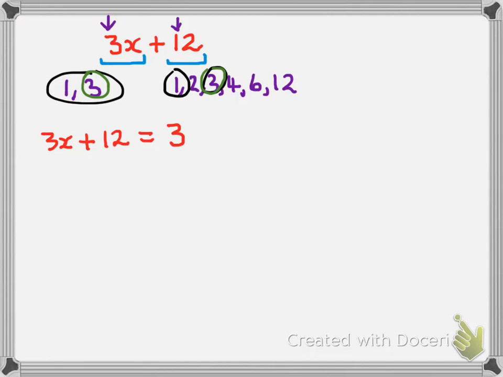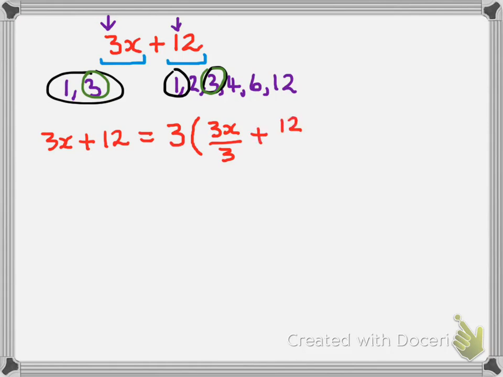Now, what we then do is write the 3 and open a bracket. And then inside the bracket, we divide each term by the greatest common factor that we just found, which is 3. So we will divide 3x by 3.